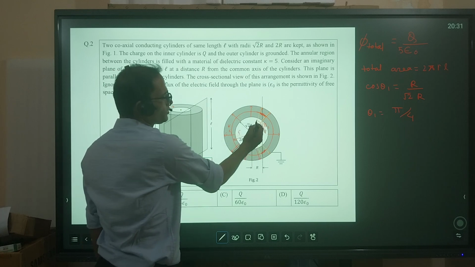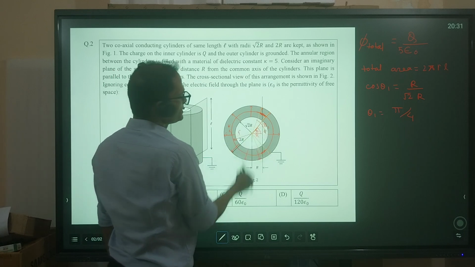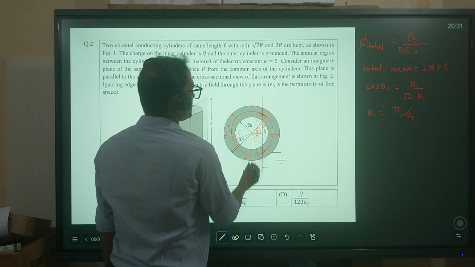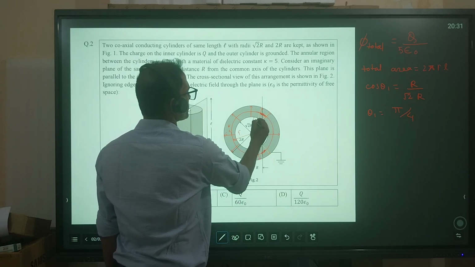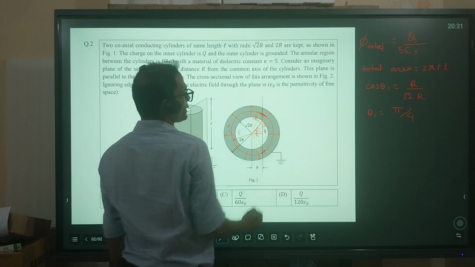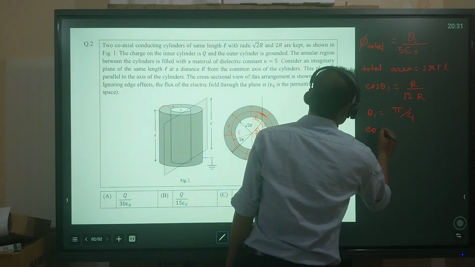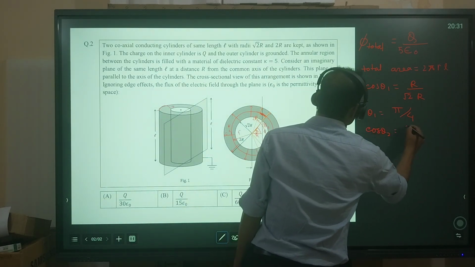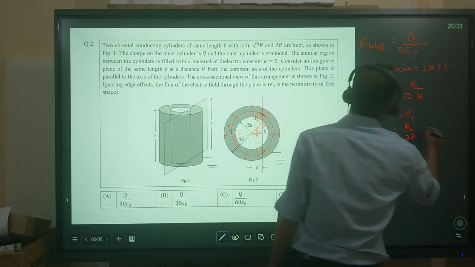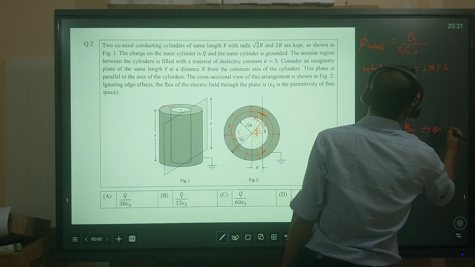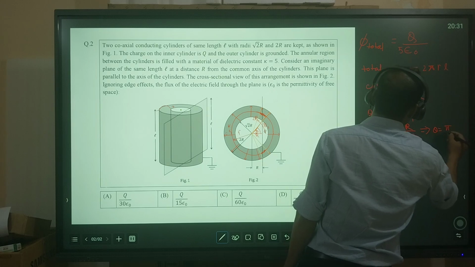Now what about cos theta 2? This length is 2r, and this length is r. So cos theta 2 is r divided by 2r, so theta 2 here is pi by 3.